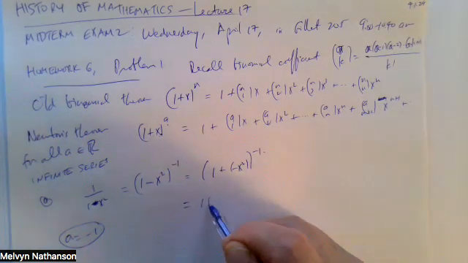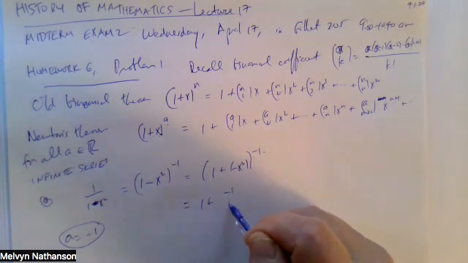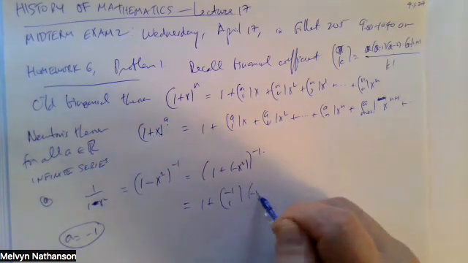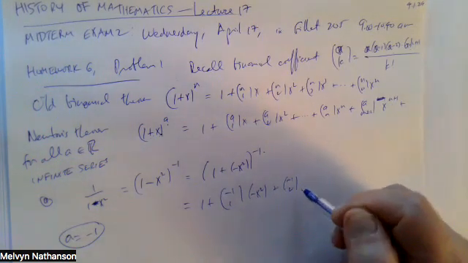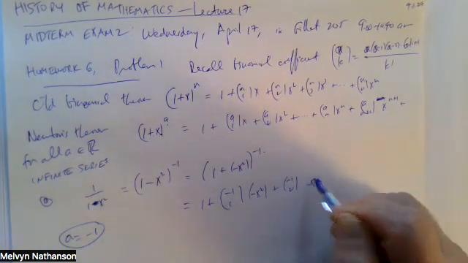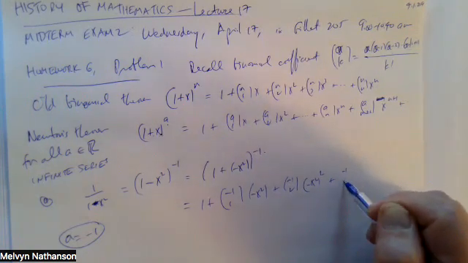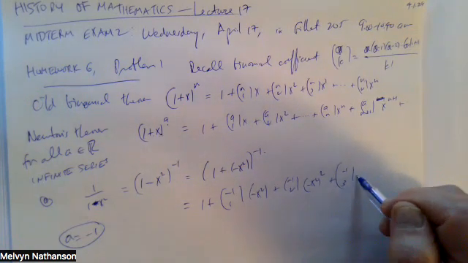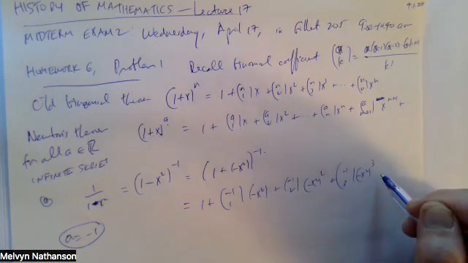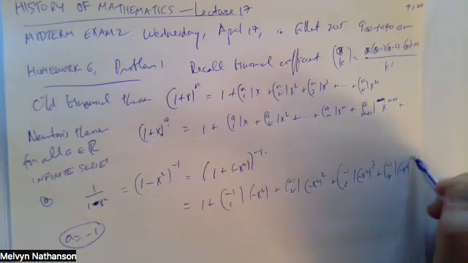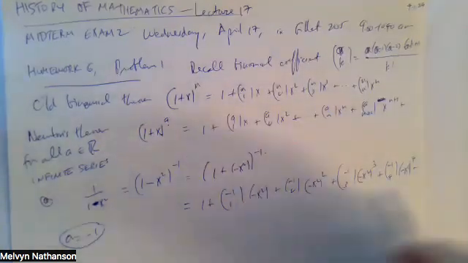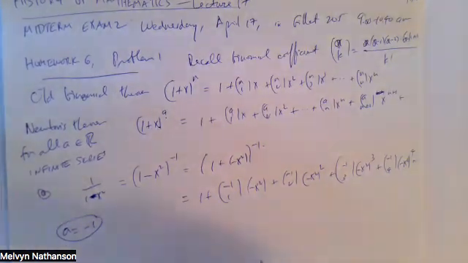So this is going to be 1 plus minus 1 choose 1 minus x squared plus minus 1 choose 2 minus x squared squared plus minus 1 choose 3 minus x squared cubed plus minus 1 choose 4 minus x squared to the fourth. Those are the first 5 terms, okay?